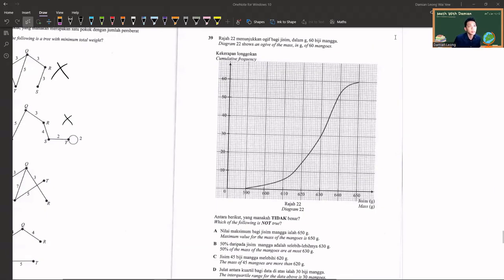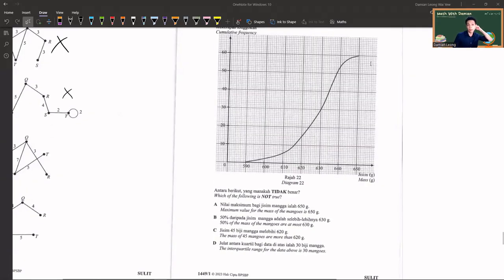Okay. Question 39. Rajah 22 menunjukkan ogif bagi jisim dalam gram bagi 60 biji mangga. So 60 mangoes ogive. So state which is not true. Okay, yang manakah tidak benar.